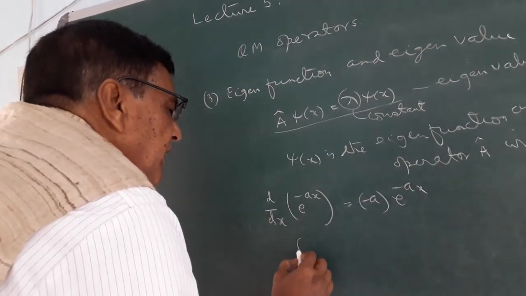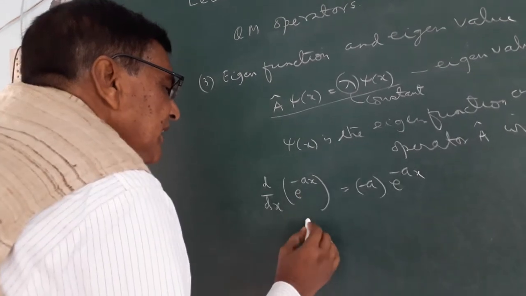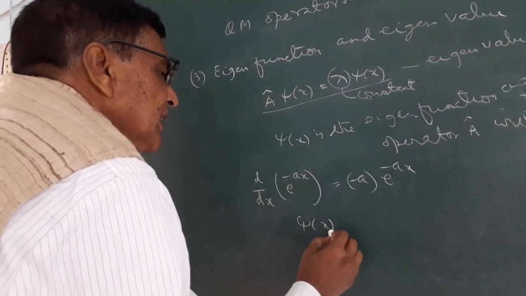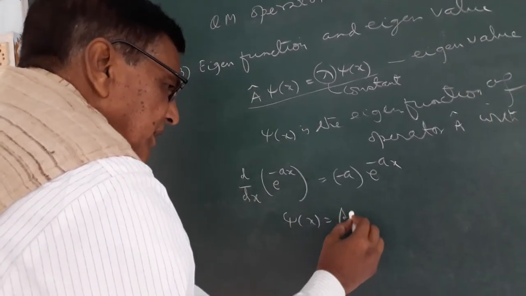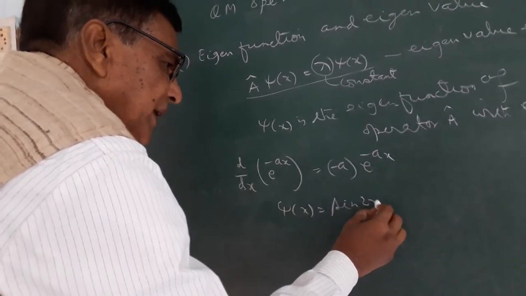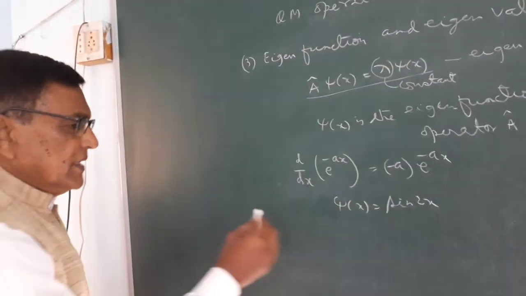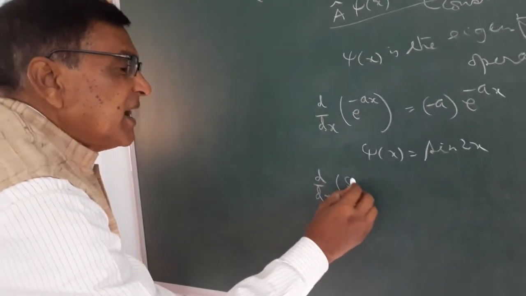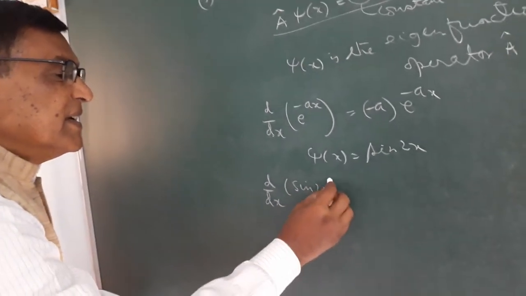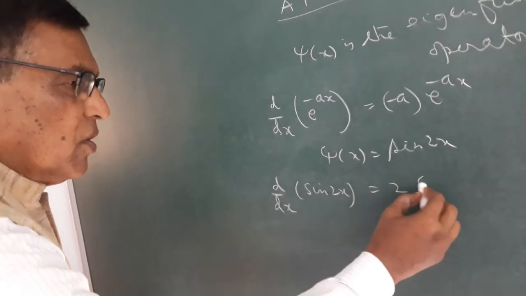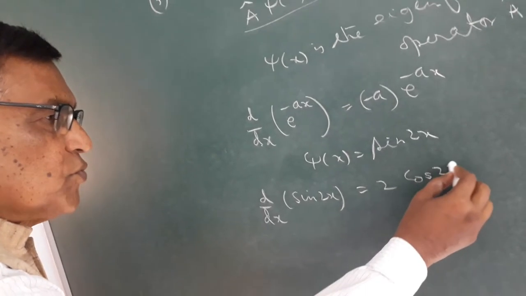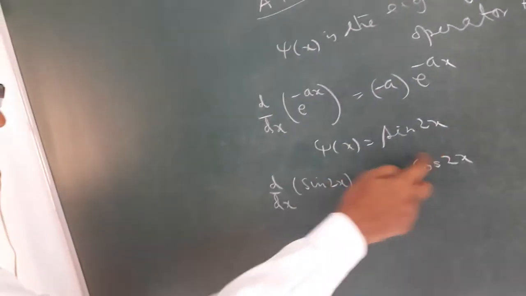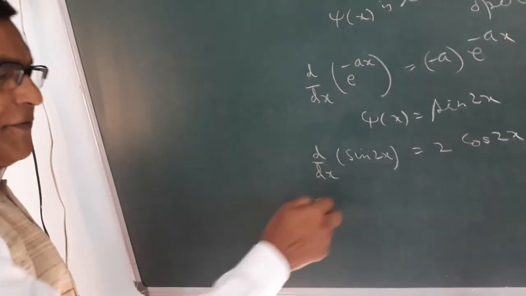Say f(x) or psi x equal to sin 2x. Then d by dx on sin 2x gives 2 cos 2x, meaning the same function is not coming after the operation.